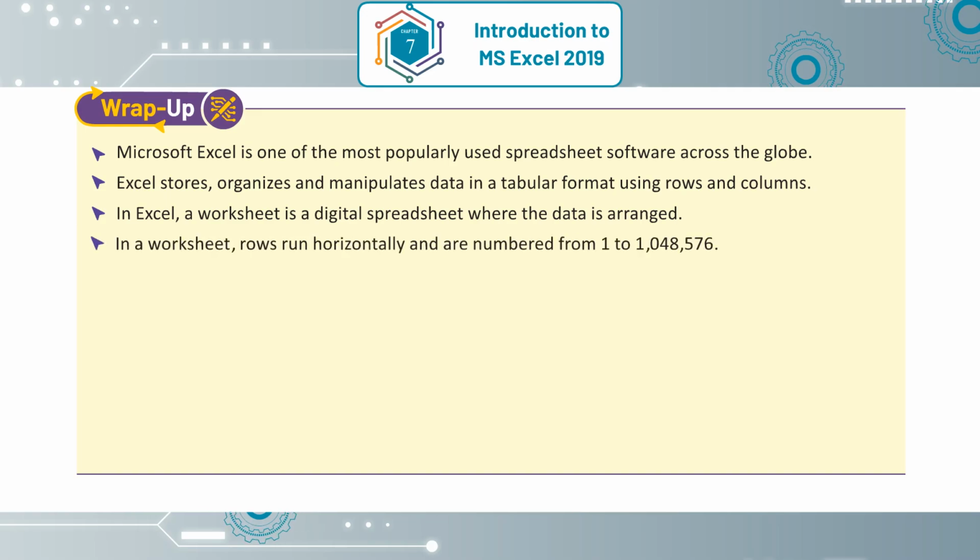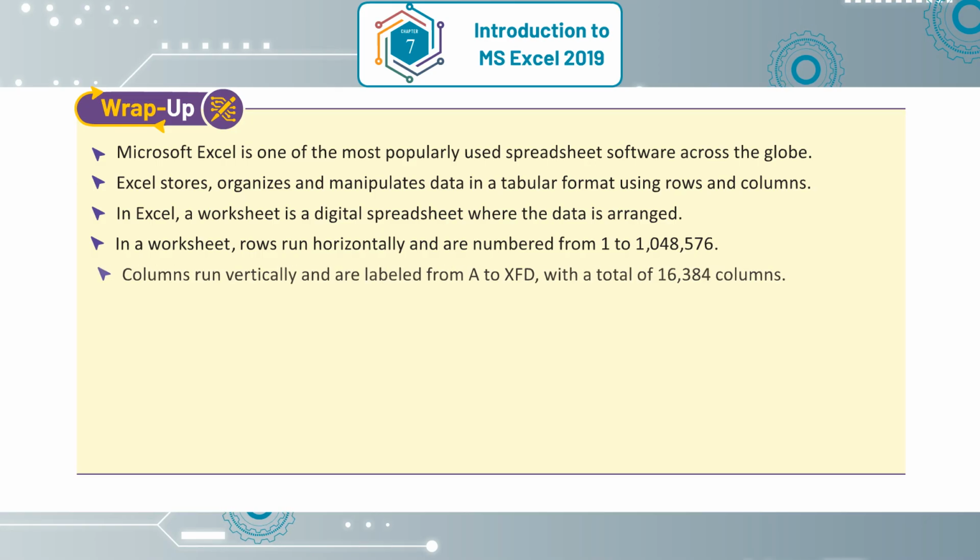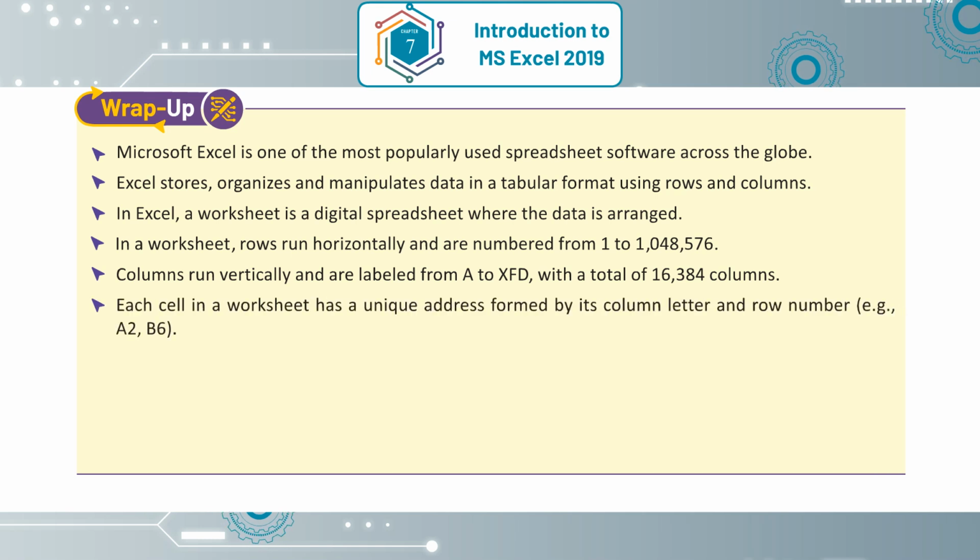In a worksheet, rows run horizontally and are numbered from 1 to 1,048,576. Columns run vertically and are labeled from A to XFD, with a total of 16,384 columns.